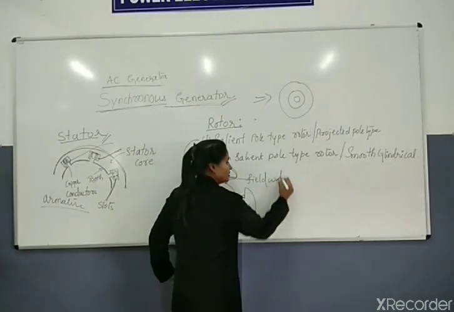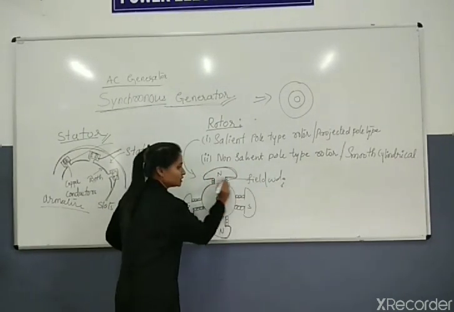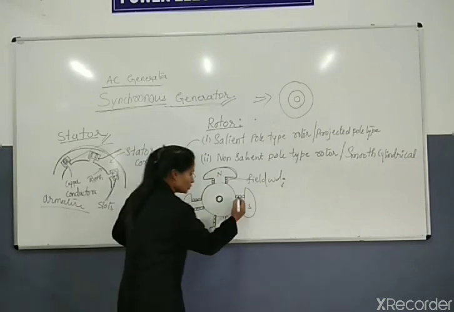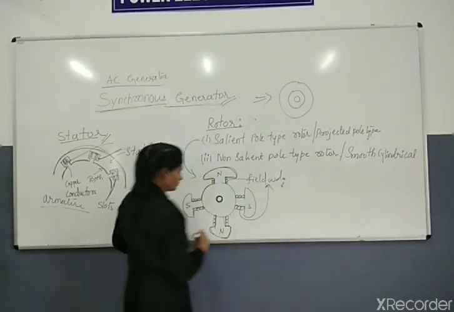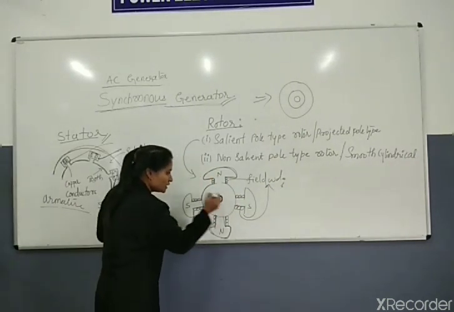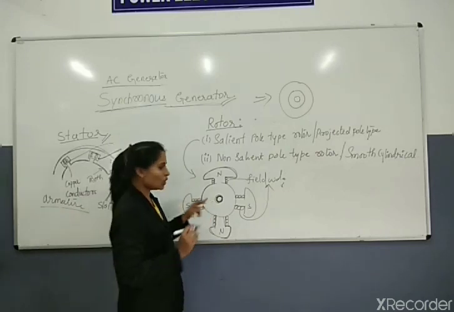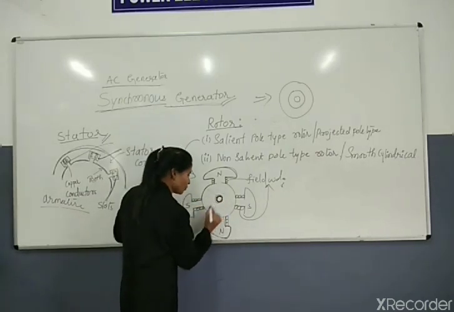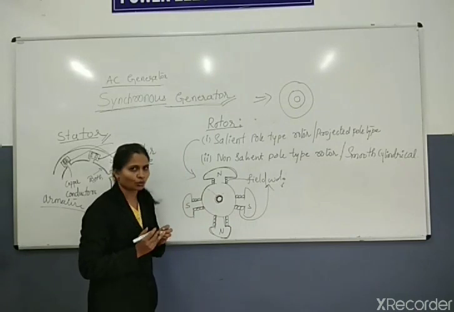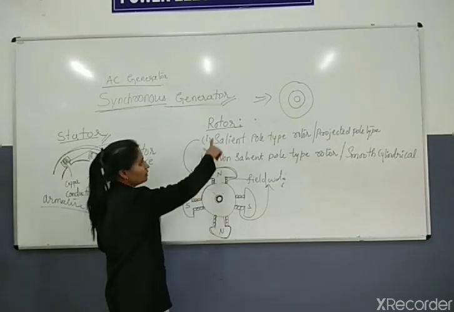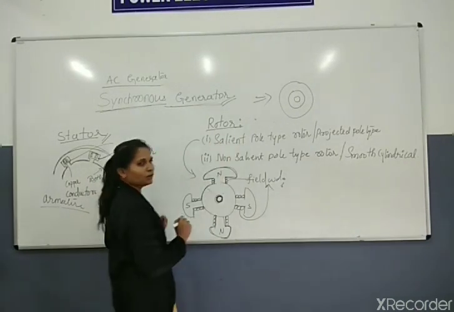So field winding is wound on these poles, and as we know, this is your shaft. Remember, there will be a mechanical support over here that is not shown. So this is the salient pole type rotor.